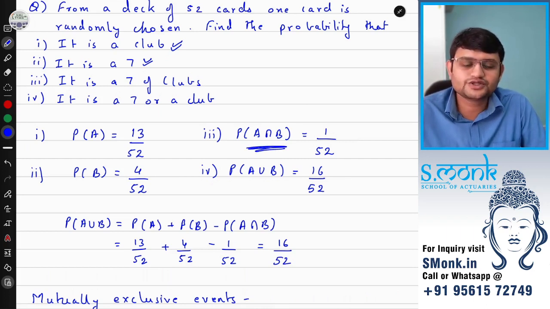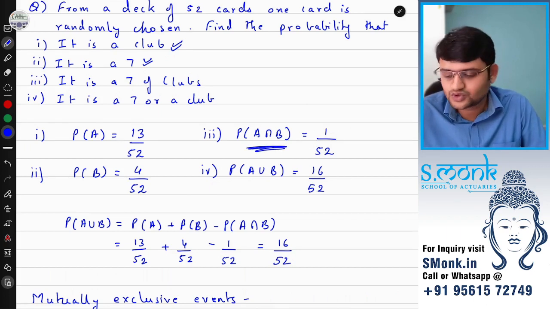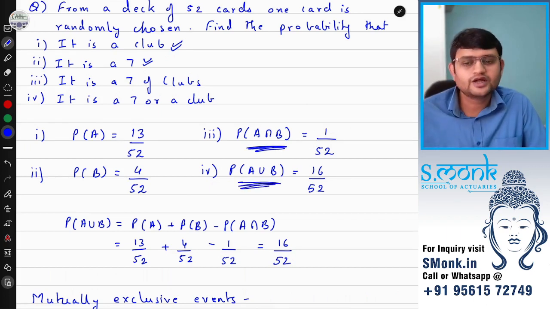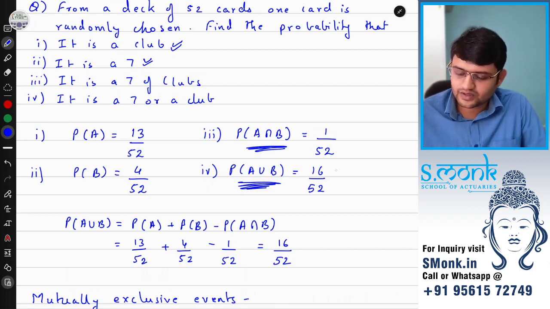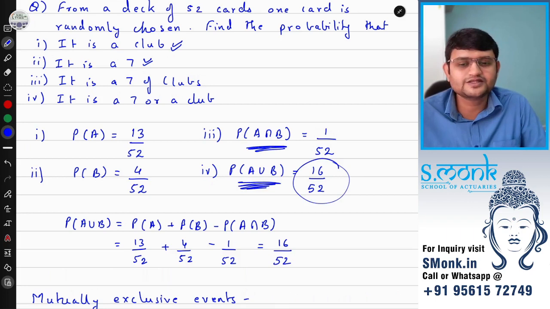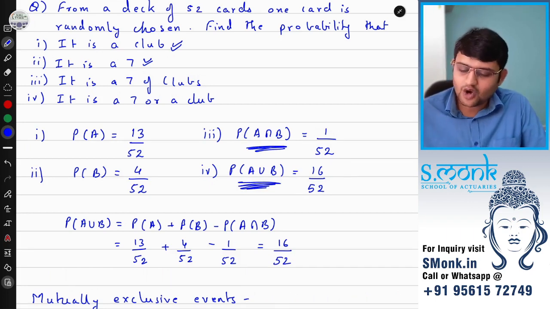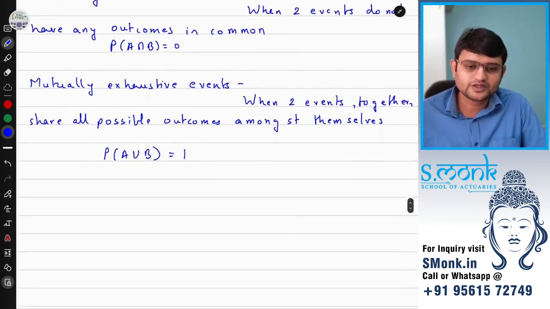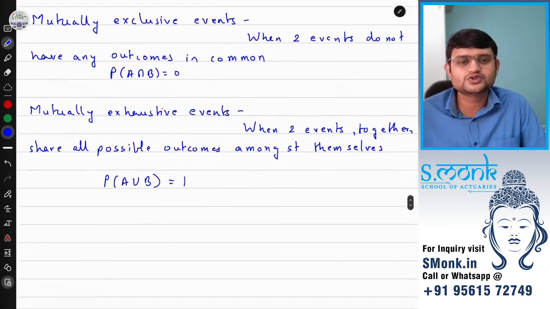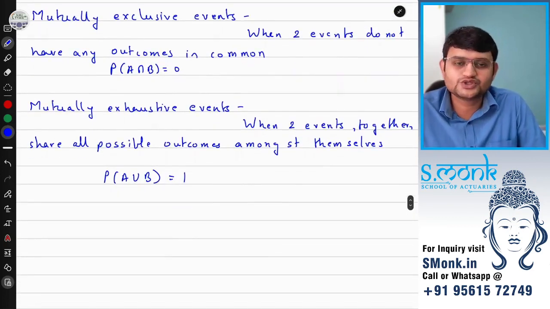Are they exhaustive? No, because together they do not make up the complete universal set. We still have some elements that are not part of A or part of B. So these were neither mutually exclusive nor mutually exhaustive.